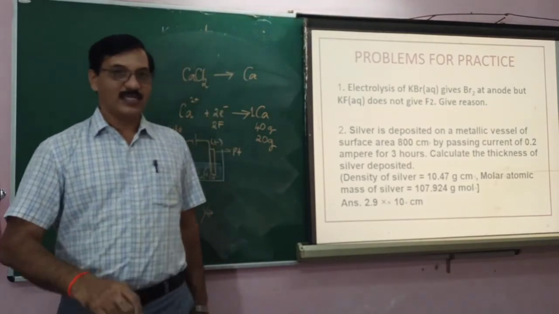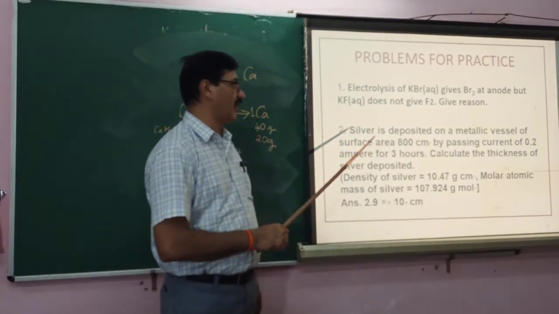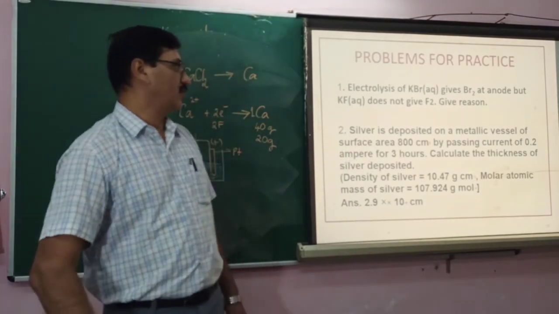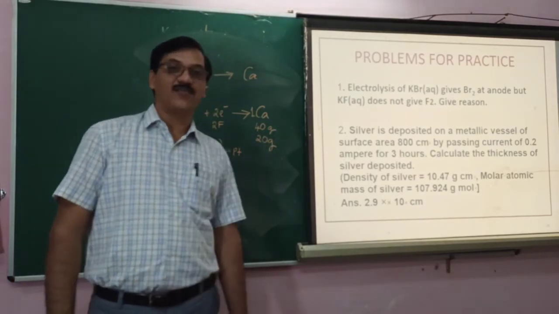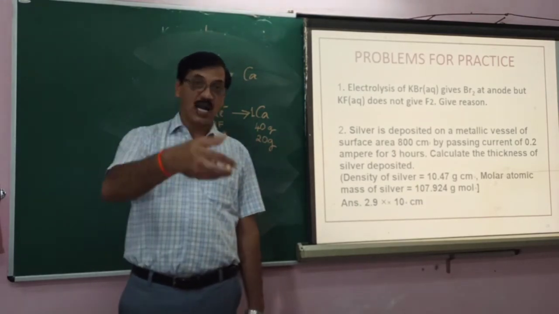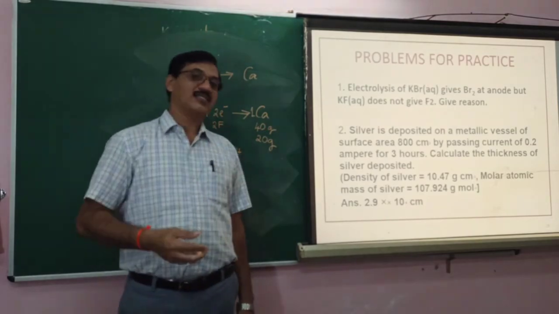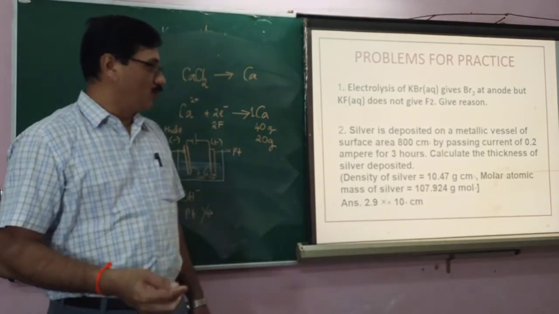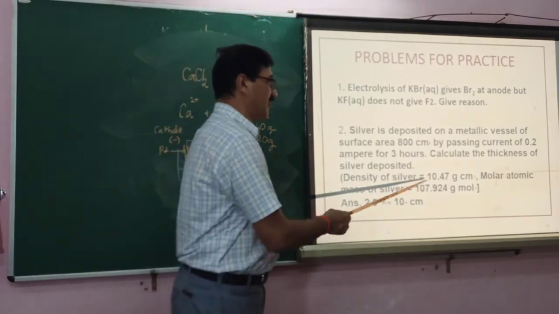And also there is one question: silver is deposited on a metallic vessel of surface area 800 cm square, passing a current of 0.2 amperes for 3 hours. Calculate the thickness of the silver deposited. You have to find the mass of the silver deposited by using Faraday's law. Once the mass is known, the volume can be found, because the density is given.